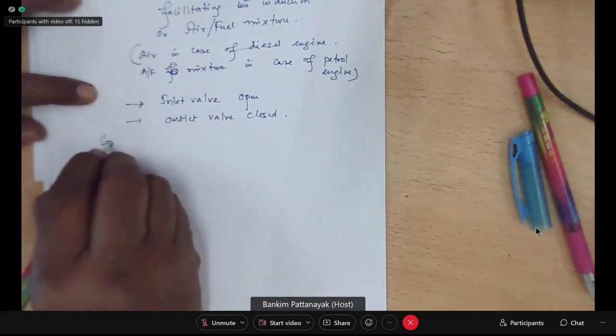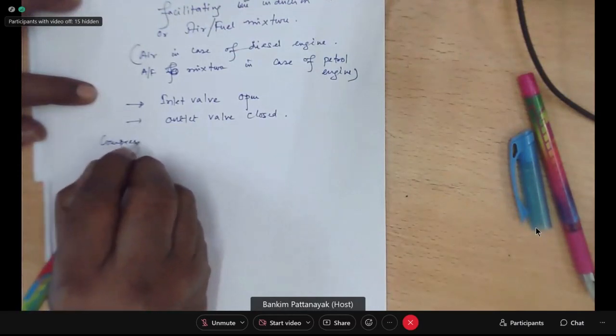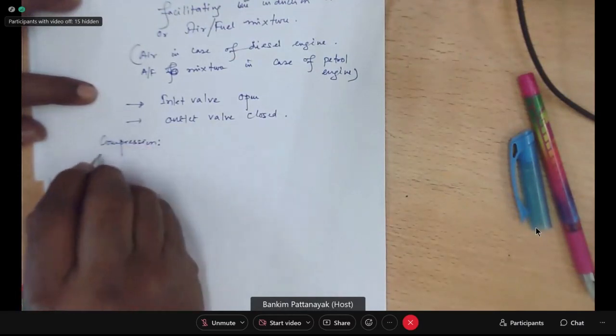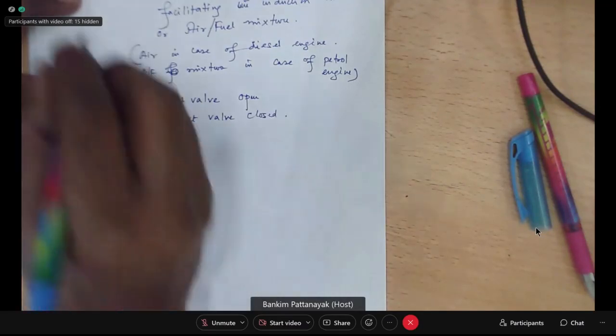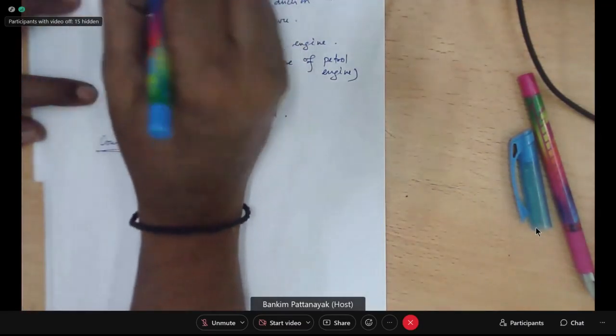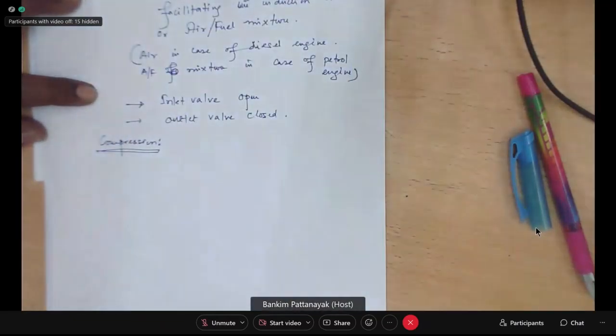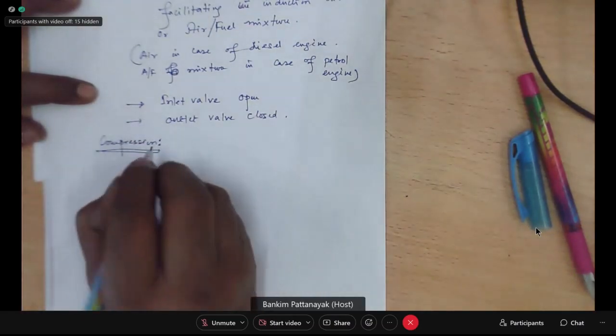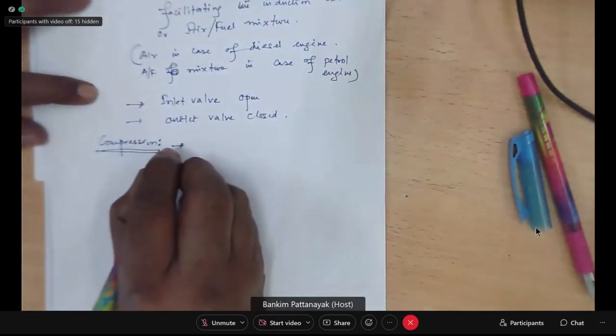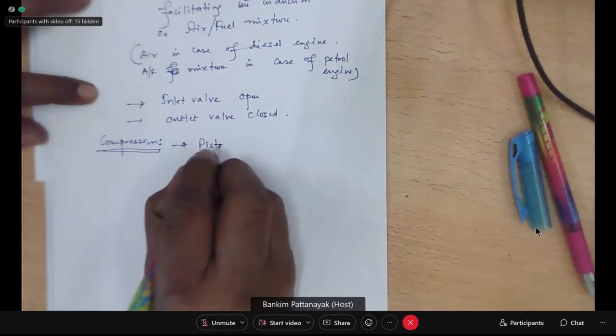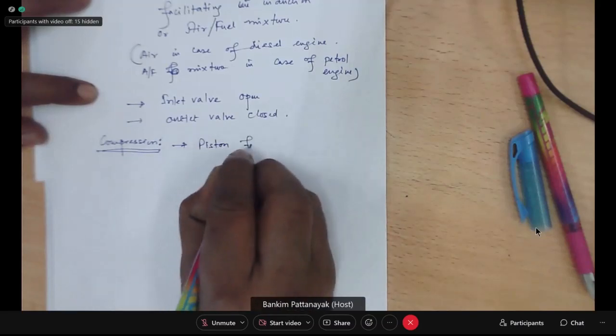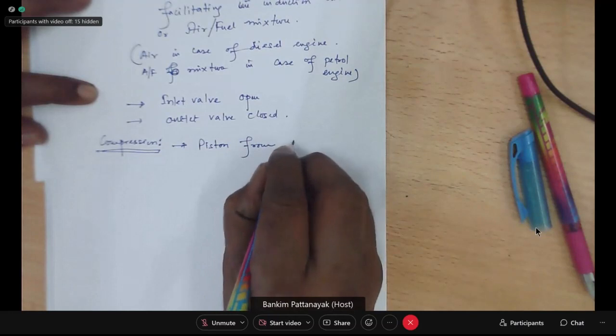Next is the compression stroke. Since this is the majority of the pollution, environmentalists should also understand the working principle of the IC engine. If there is any modification needs to be done, they can also suggest certain things. Compression means the piston movement from BDC.